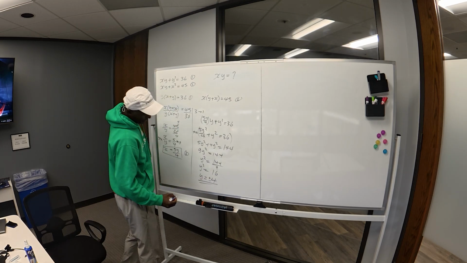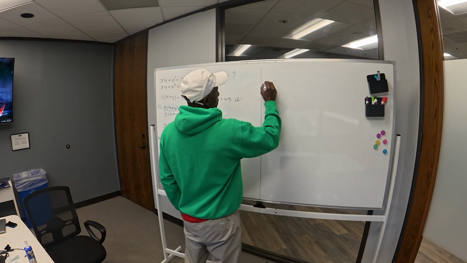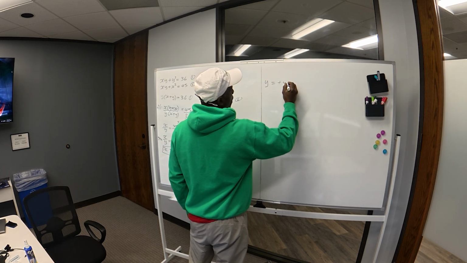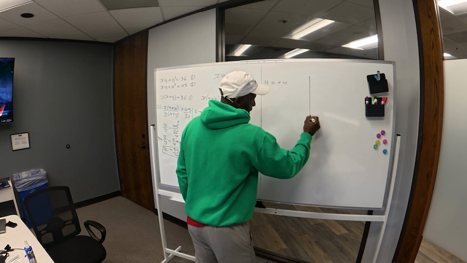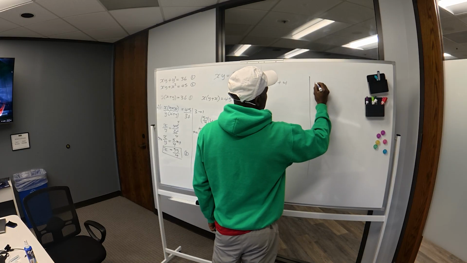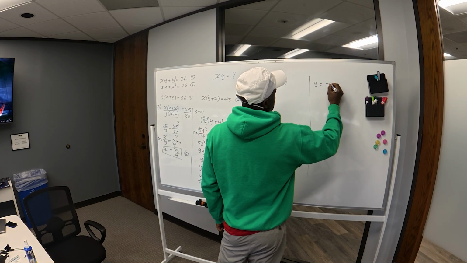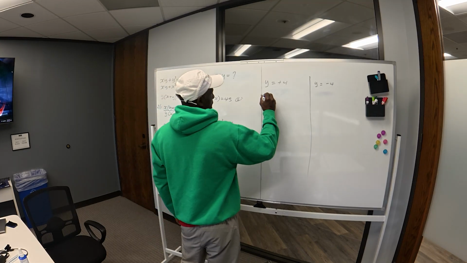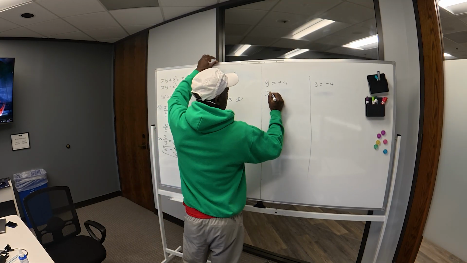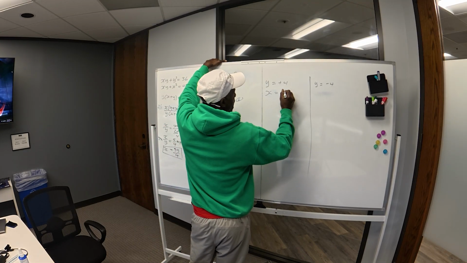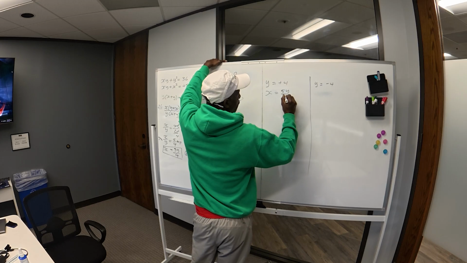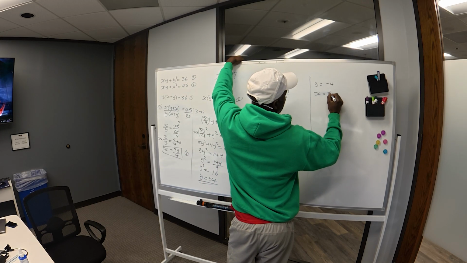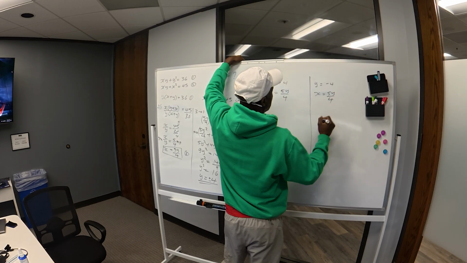Plus or minus. So now we have y is equal to plus 4 on this side, and y is equal to minus 4 on that side. We have x is equal to 5y on 4.